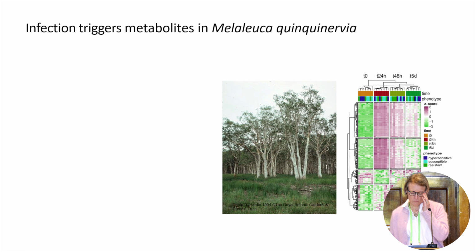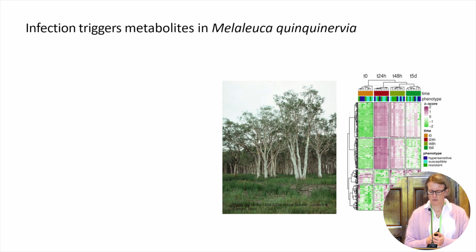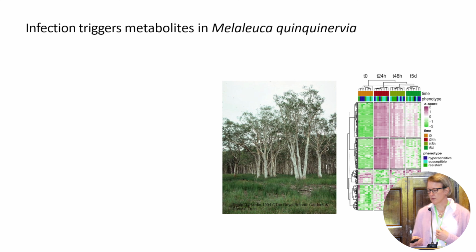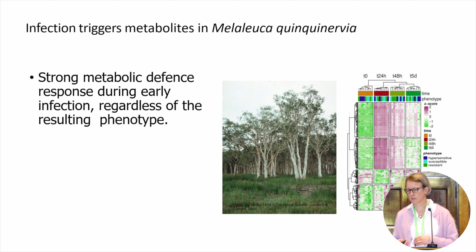To start with, we wanted to look at what happened during early stages of infection. I did this with the help of Jeff and Louise from Queensland. We took Melaleuca quinquenervia plants and analysed them before infection, and 24 hours, 48 hours and 5 days post-infection.